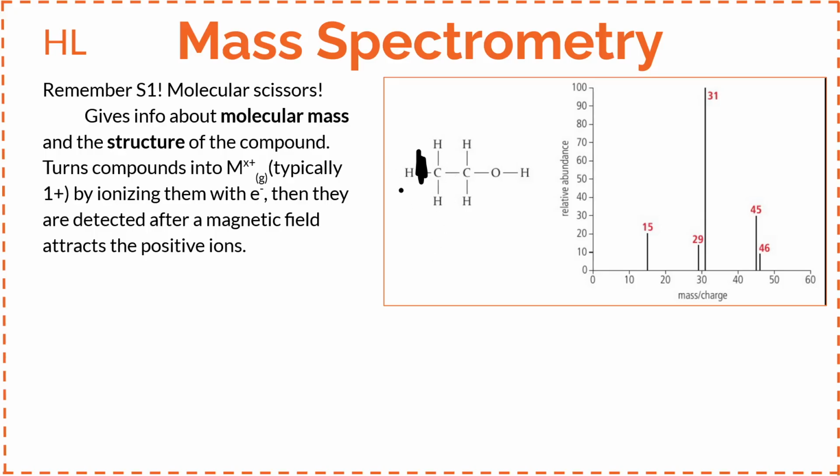Hydrogen has a molar mass of 1, so we go from 46 to 45 because we've lost that hydrogen. Now, if we were to chop off, let's say here, this is going to be 12 plus 1 plus 1 plus 1, that's 15. So we lose 15 grams from the overall molar mass. And if we look, we have 46 minus 15, which is 31. So now we know that there is a CH3 group there.